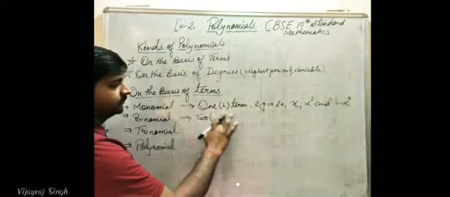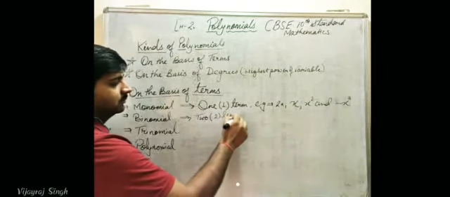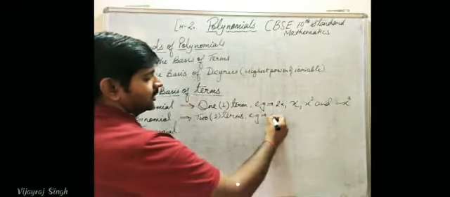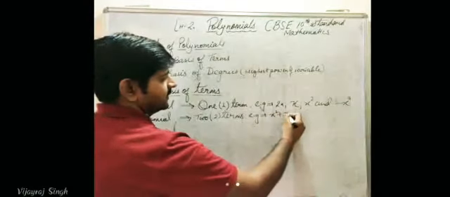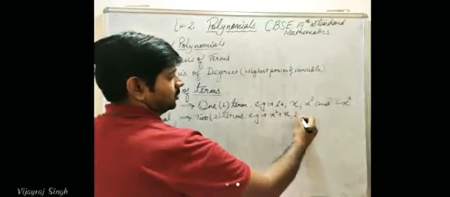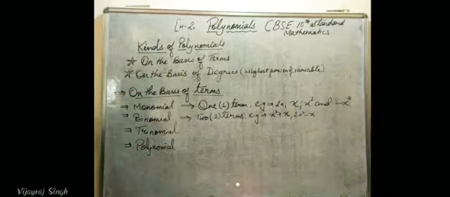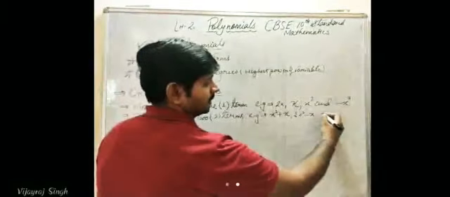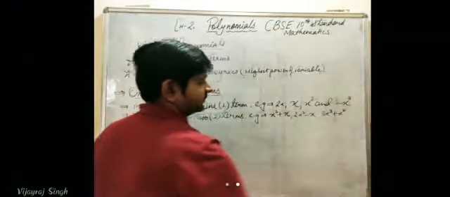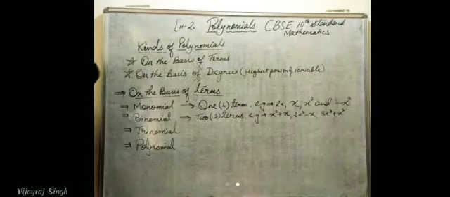Like x square plus x, there are two terms. 2x square minus x, these are the two terms. 3x cube plus x square, only two terms. Like these are called binomials.